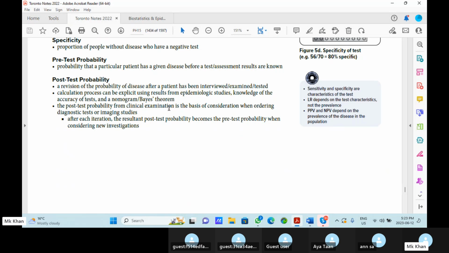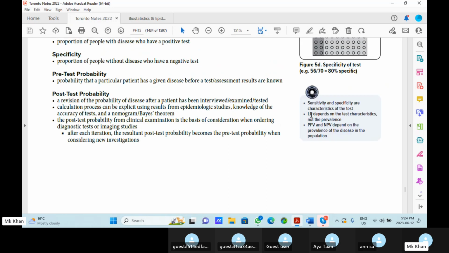The post-test probability from clinical examination is the basis for considering diagnostic tests or imaging studies. After each iteration, the resultant post-test probability becomes the pre-test probability when considering new investigations.